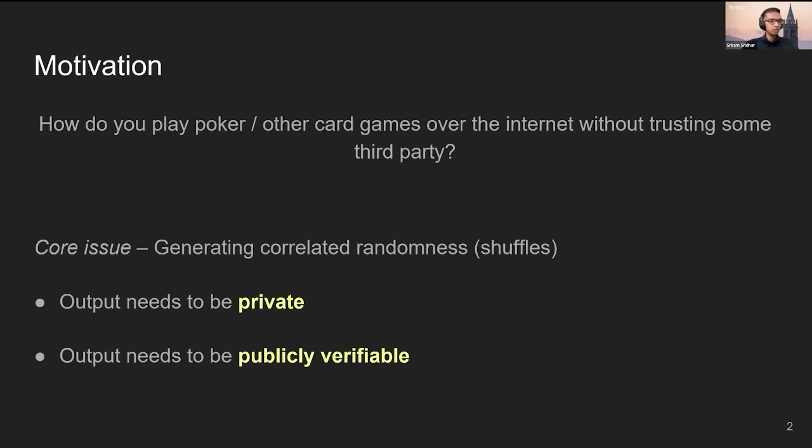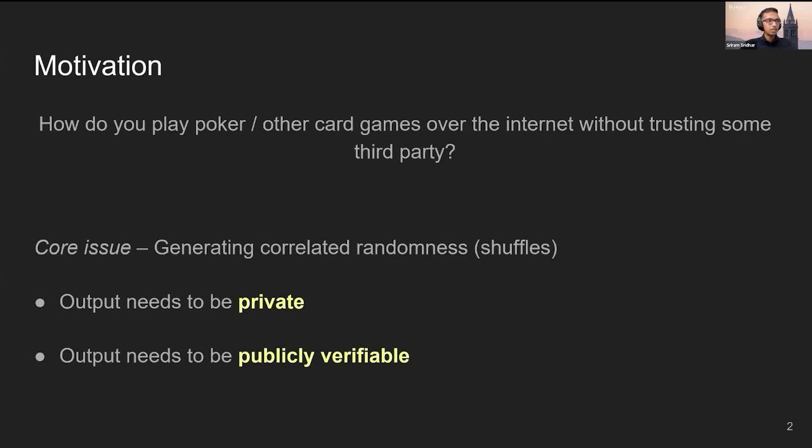You need to know that the deck is shuffled, but you should not know the other party's cards and vice versa. We also need some public verifiability so that people looking at the game from the outside can be assured that the game has been conducted correctly. These are some of the requirements we need to care about while playing card games. And the core issue again is how do you generate correlated randomness, in the sense of how do you generate permutations?